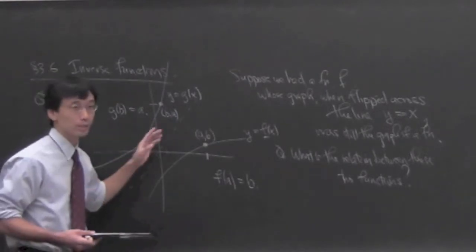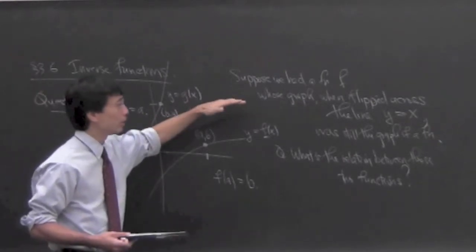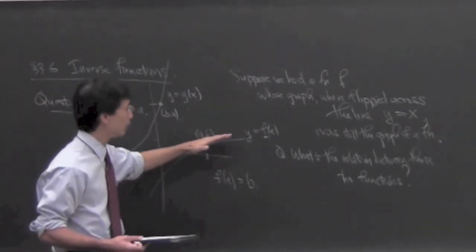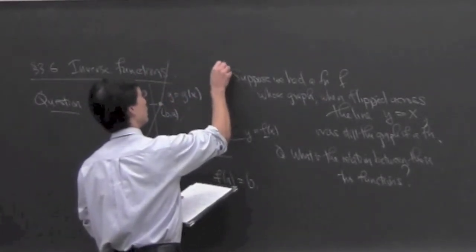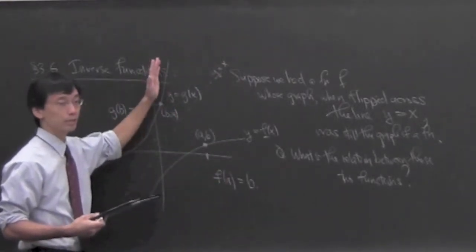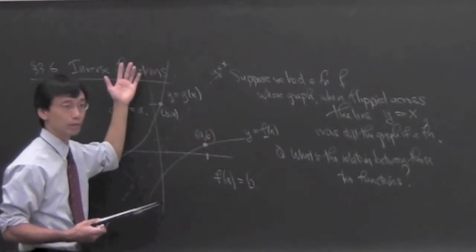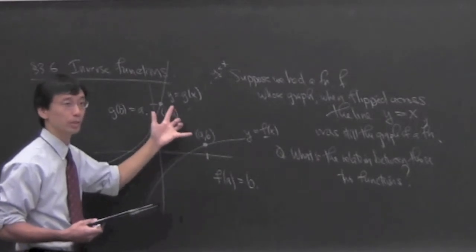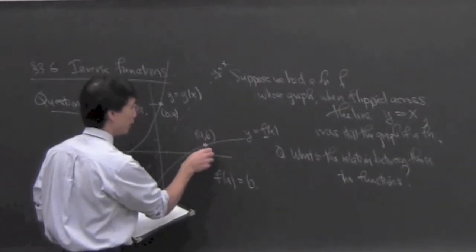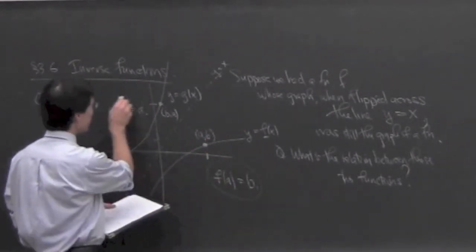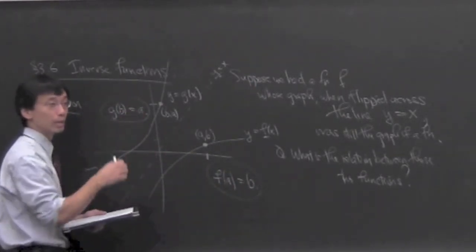So Katie, just to catch you up, we're doing something called inverse functions, and I'm starting off with the following setup. We have this function f, and it turns out that when you flip it over the line y equals x, you still get the graph of a function. So it's an unusual function. We're talking about the relation between those two functions, and we see that if f takes a to b, then g takes b back to a.